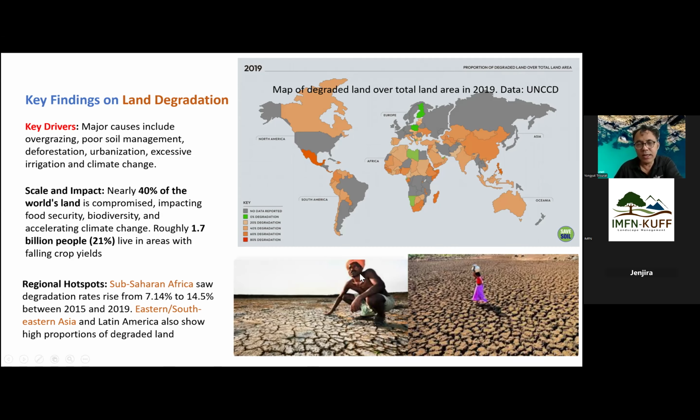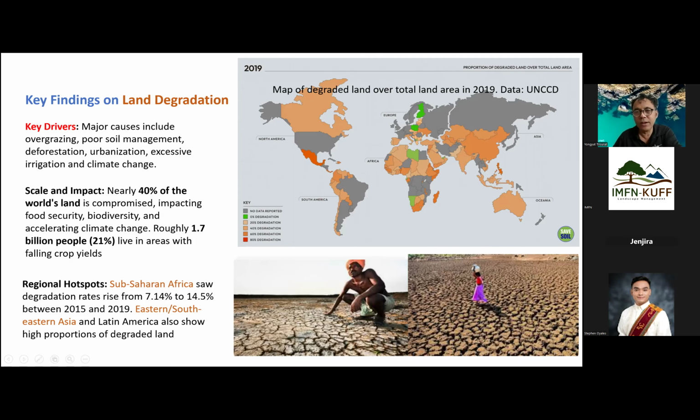So these two bottom photos show the severe problem of land degradation in Sub-Sahara and in India. So Sub-Saharan African countries have a huge problem with land degradation and food production. And in India, particularly in the western side, it is very dry.